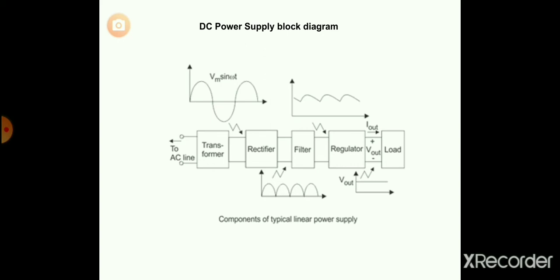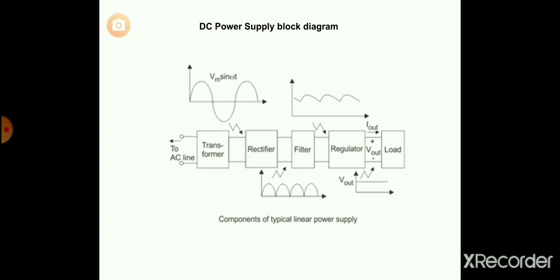The transformer may be step up or step down. Step up means it increases the output voltage, step down means it decreases the output voltage. Here you are using an ordinary, simple transformer. The output is given to the rectifier. The rectifier converts AC to DC voltage.